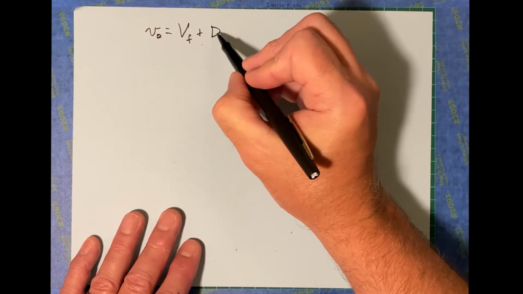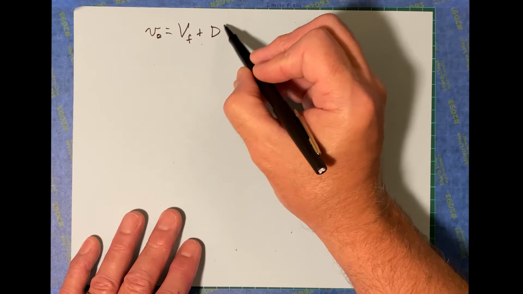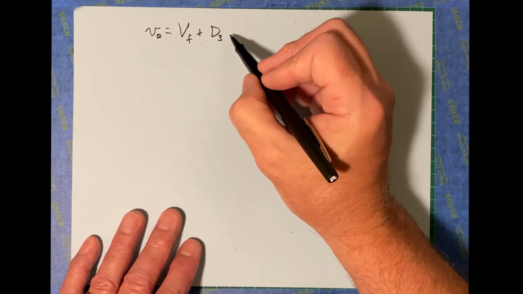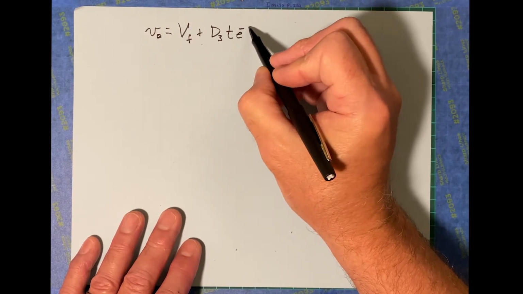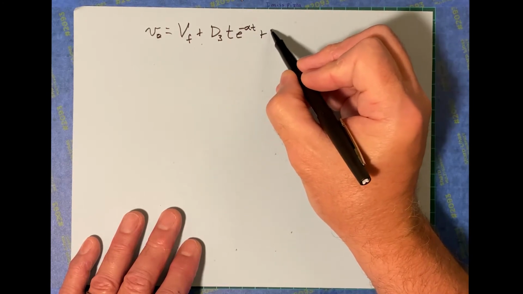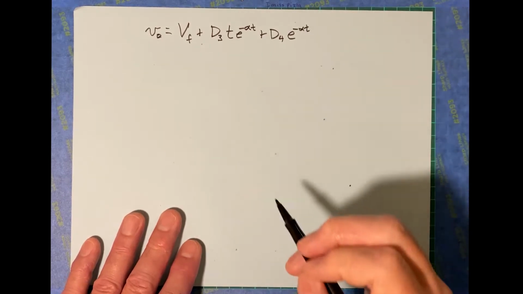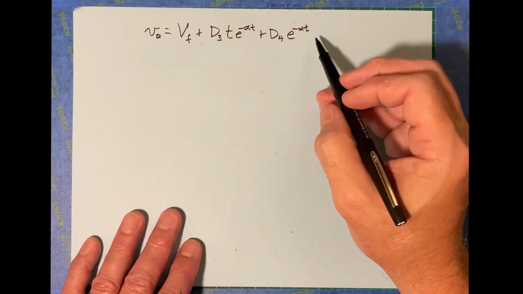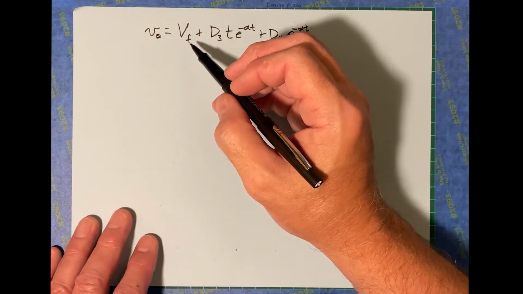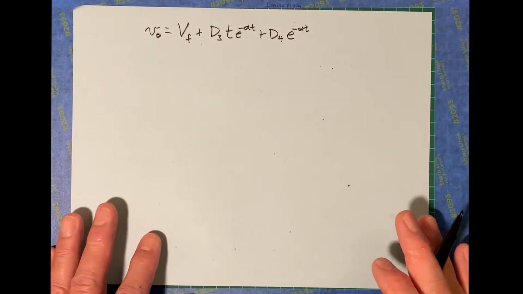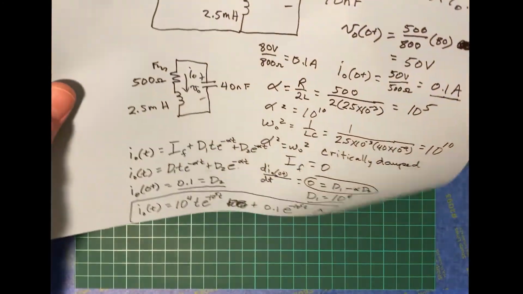You could name these coefficients anything you want, d3 t e to the negative alpha t plus d4 e to the negative alpha t, like that.